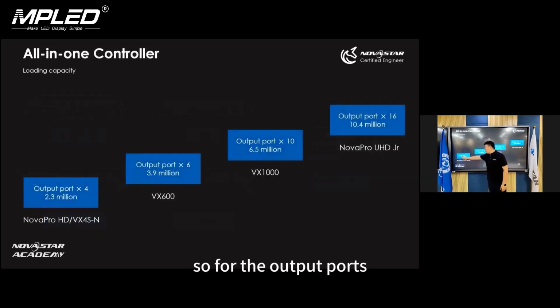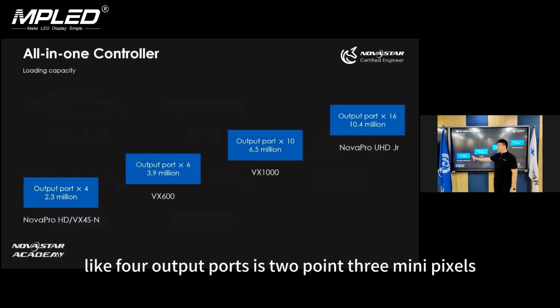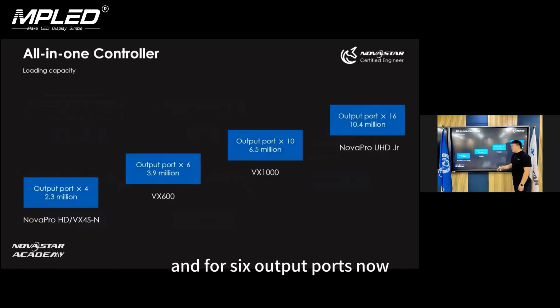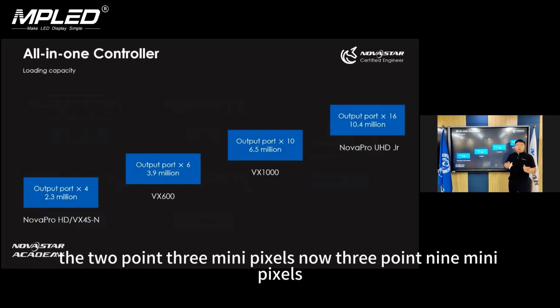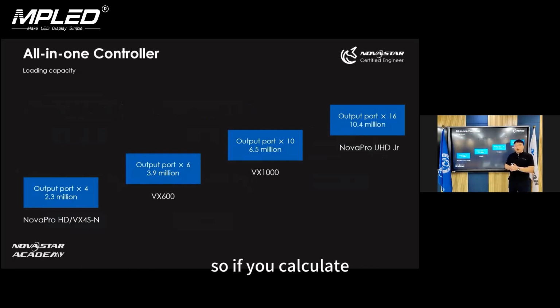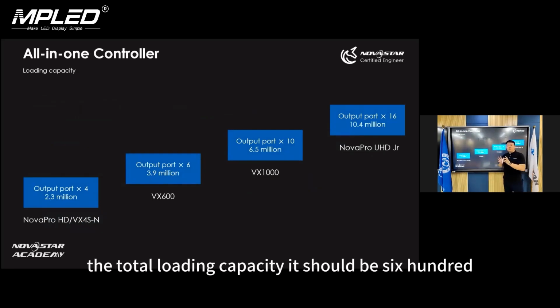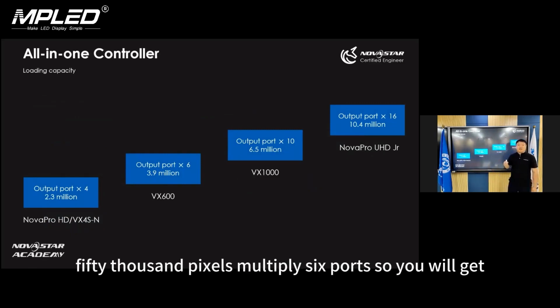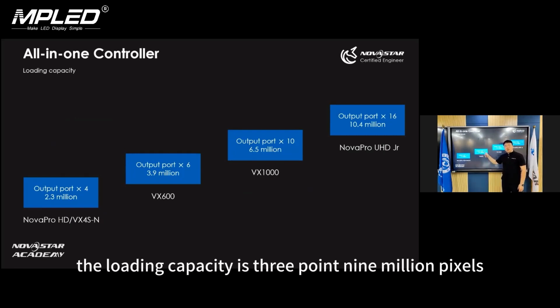For four output ports, it is 2.3 megapixels. For six output ports, it is now 3.9 megapixels. If you calculate the total loading capacity, it is 650,000 pixels multiplied by 6 ports, so the loading capacity is 3.9 million pixels.